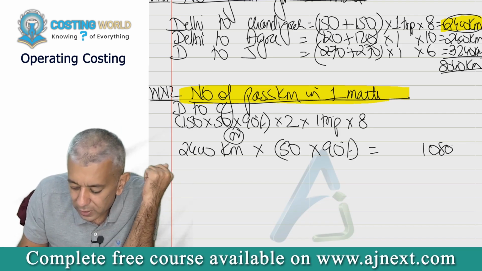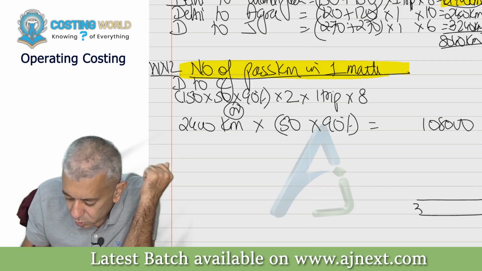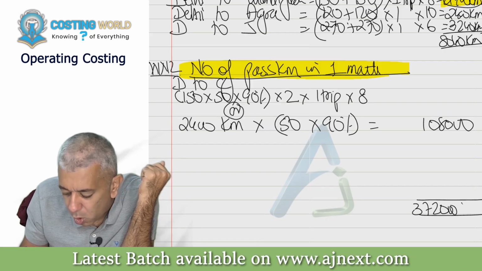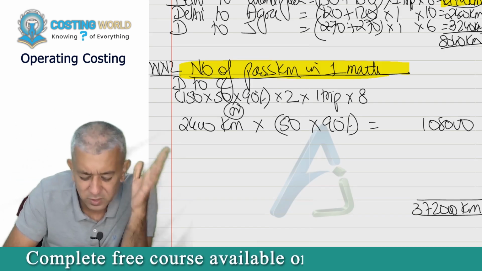Please do the other 2 also exactly in the same manner, and the total should be 3,72,000. Please do all of them by both the methods. Only one question we are going to be doing by both the methods. After this, we will not do this.